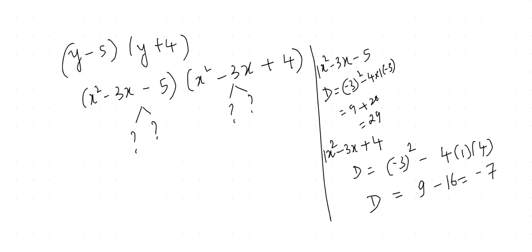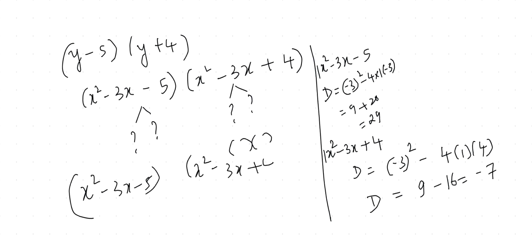There's no way I can split it up further. I told you this one. Otherwise, if you're able to split it, we would have split it further. If it's a quadratic, we would have got two factors, but that's not possible in any of the cases. So we leave the answer as x square minus 3x minus 5 into x square minus 3x plus 4. Okay, let's just go on to the next topic.